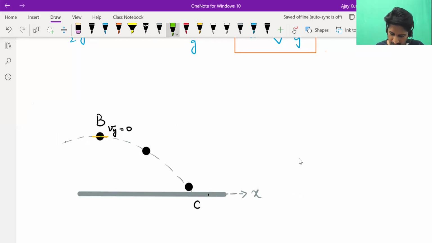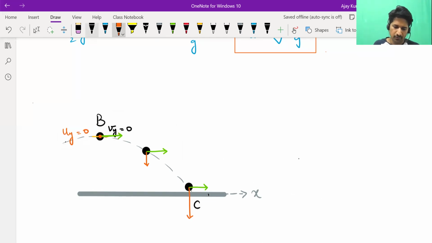It only has a velocity in the x direction. Okay. Then at this point, it will have velocity in x direction. It will also have velocity in y direction. And the last point before it strikes the ground, it will have x component as it is. It will have a longer y component like this. Okay. So at B, the initial velocity in y direction is 0.